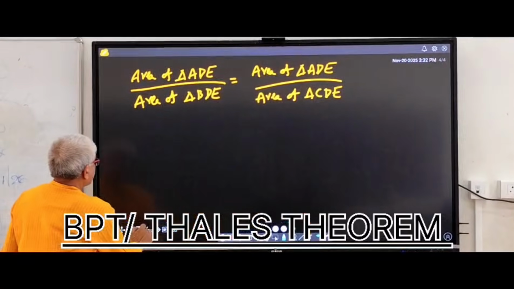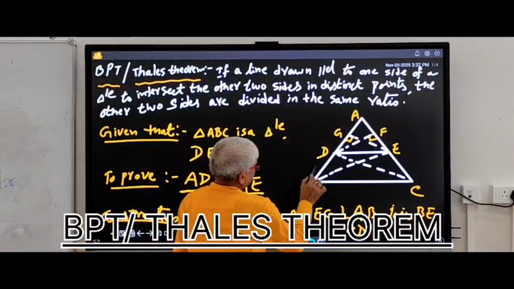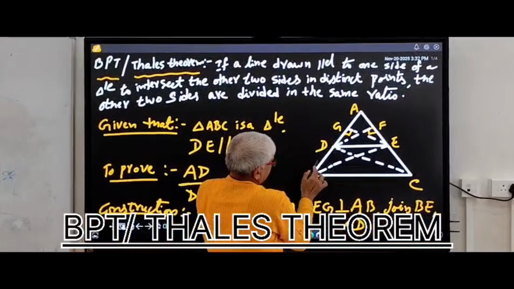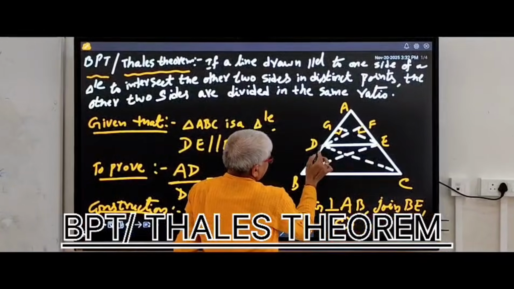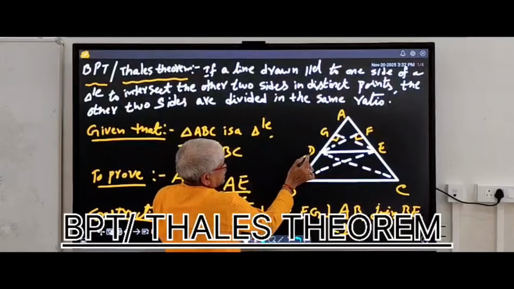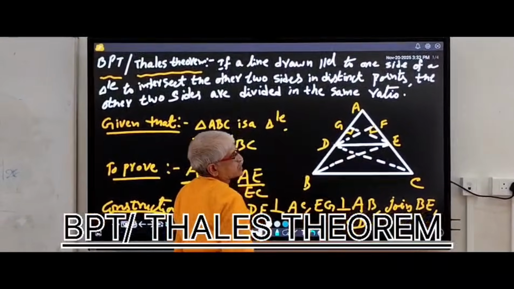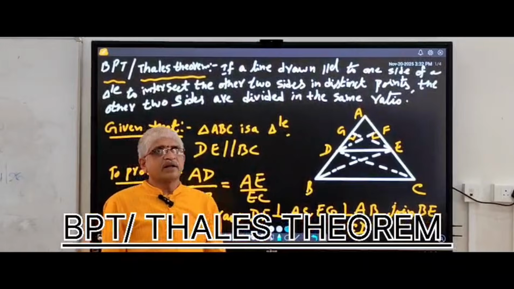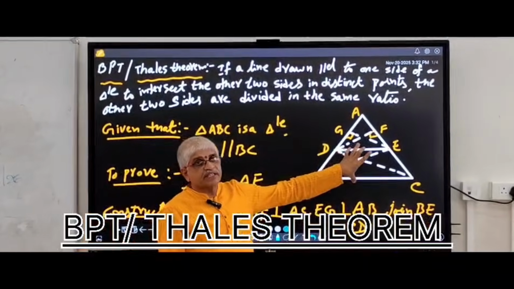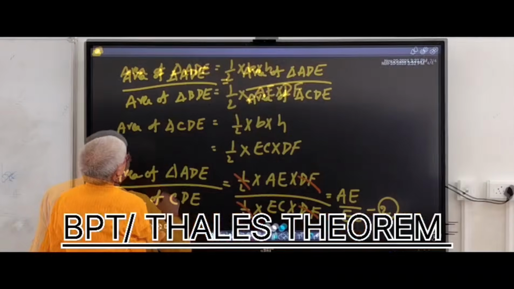But still, if you look at the figure, these two triangles BDE and CDE lie between the same parallel lines, that is BD and CE, and they have the same base DE. In your previous classes you have learned that triangles which have the same base and lie between the same parallel lines have the same area. Using that fact, these are equal.